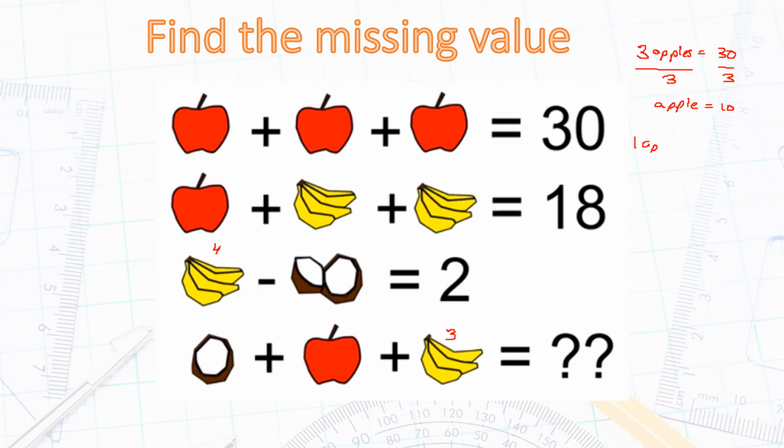So 1 apple plus 8 bananas equals 18. So the apple is 10. So we can subtract that 10 from both sides to get the bananas left. So 8 bananas equals 8. That's a very easy one. Therefore, banana must be 1.